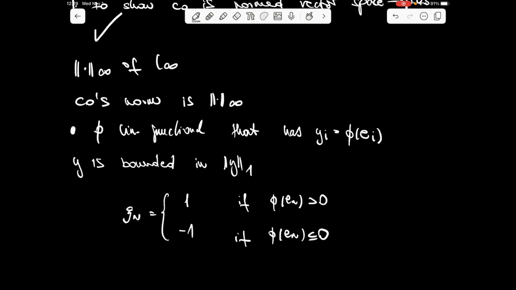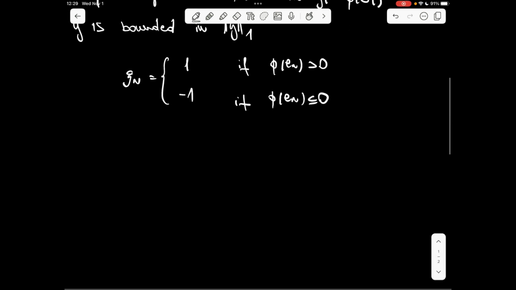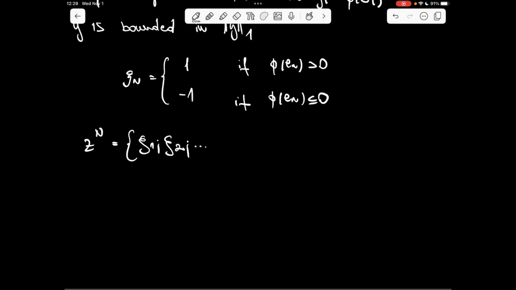And from this, let's define a sequence on the basis of the Cn numbers, and most importantly, after the nth element in this sequence, we have zeros.